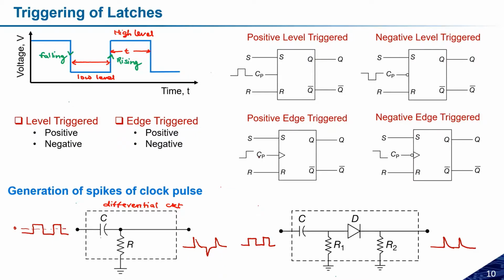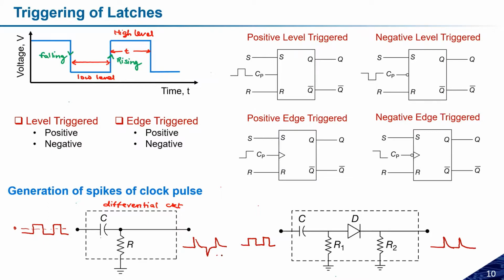Because if I need the positive one, I need to remove the negative portion. To remove the negative portion, the diode is the best candidate for rectification. It can pass only the positive cycle, not the negative one, so you will get only the positive one. This is how you can make the positive edge trigger.